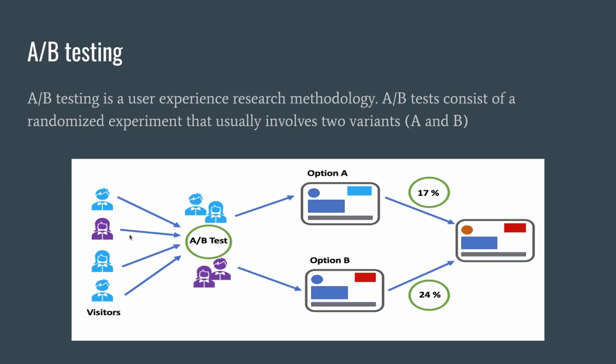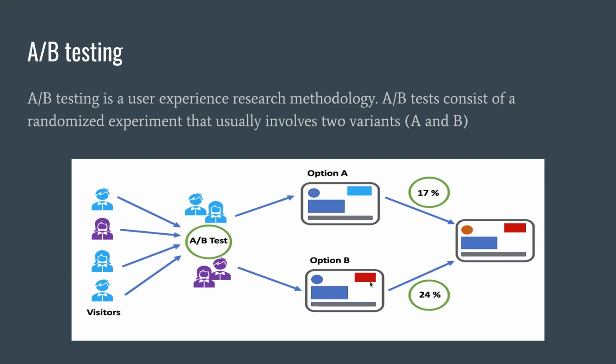So if you look at this picture, this is doing an A/B test on users who visit a website. So we have two variants. Variant 1, option A, has a blue UI component on the top right.